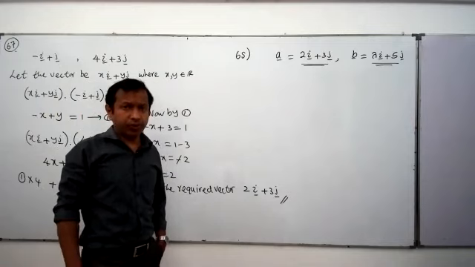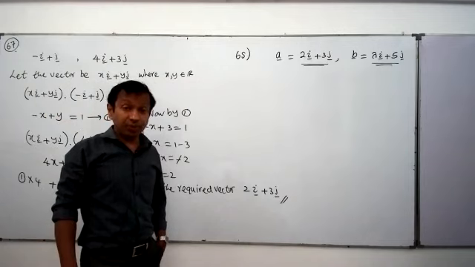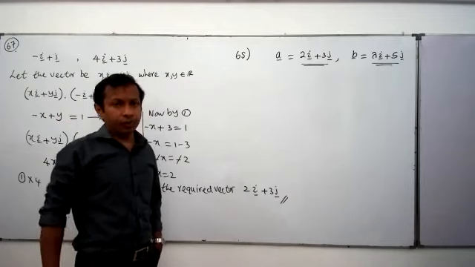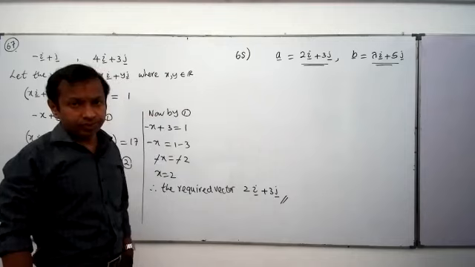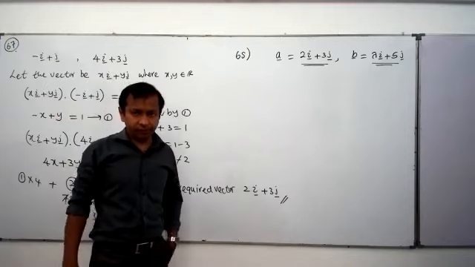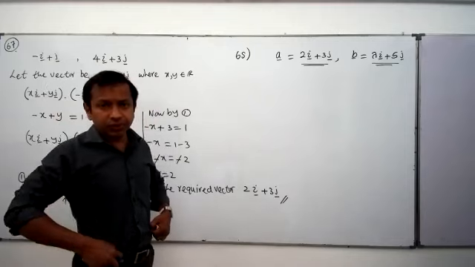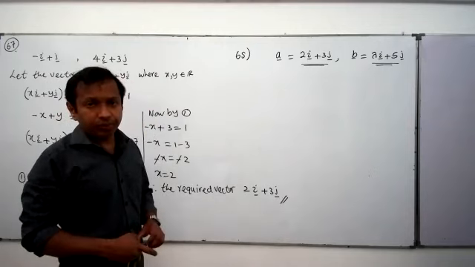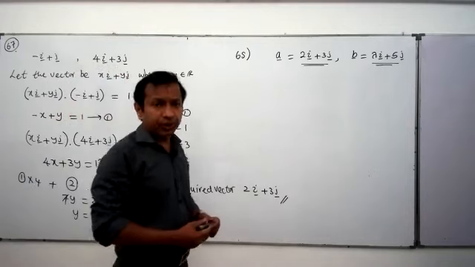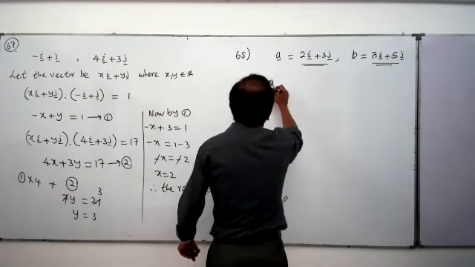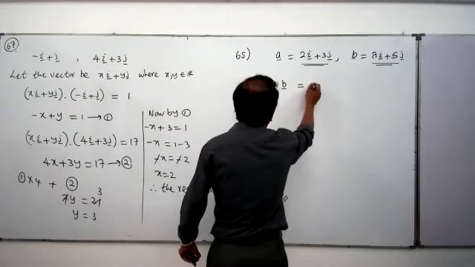Understood? We wrote that. When two vectors A and B are perpendicular, then A dot B is 0. I think you can remember that. Go through the notes. A dot B is 0 when A and B are perpendicular to each other, right? A dot B equals 0.